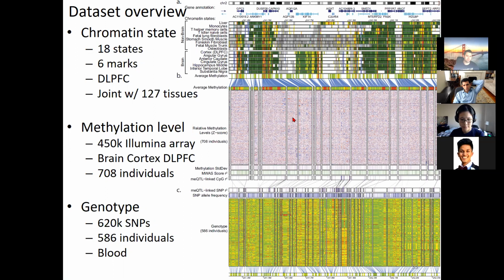So what's an eQTL? An eQTL is a correlation between the methylation vector and the genotype vector for the same individuals. You can see here, for example, the methylation QTLs are places where you see a strong link between the two, where the methylation level of this spot depends on the genetic alleles that are carried at that spot. So whenever you see a line there, that's a methylation QTL. Okay. So we have the chromatin state annotation, the methylation level, and the genotype.